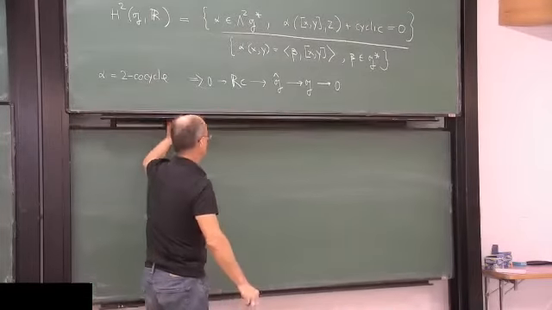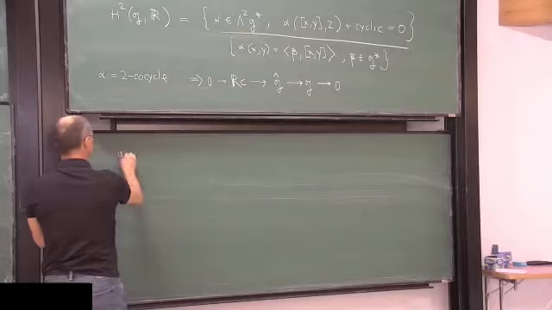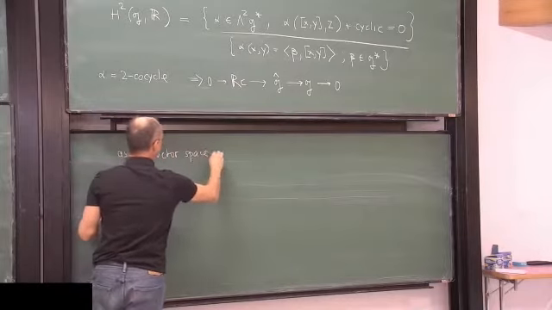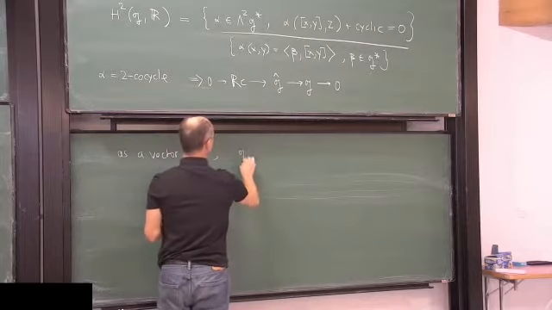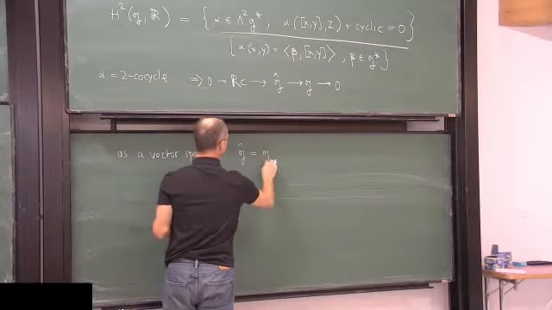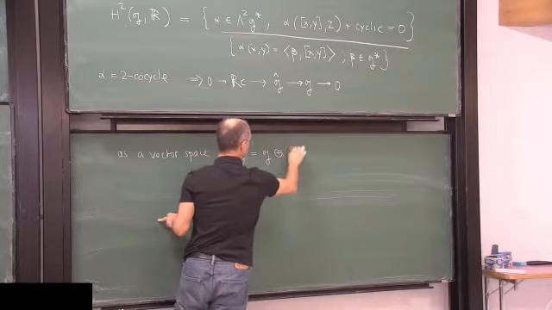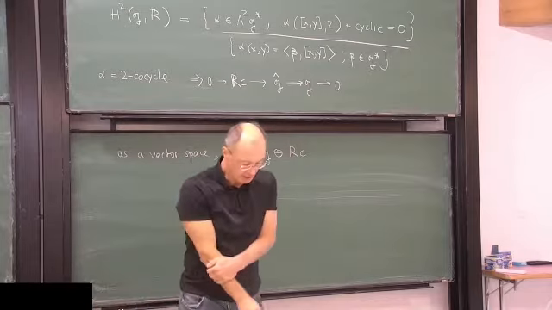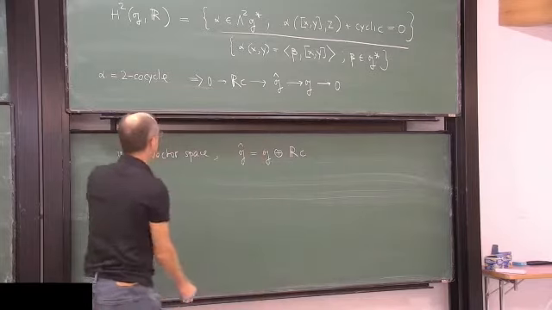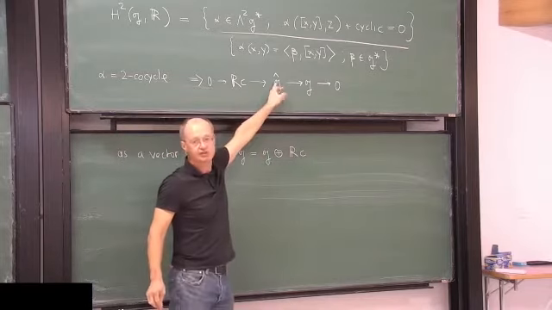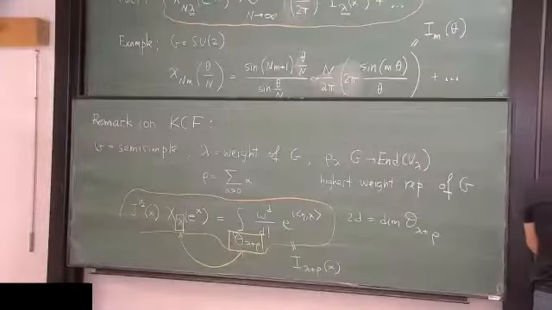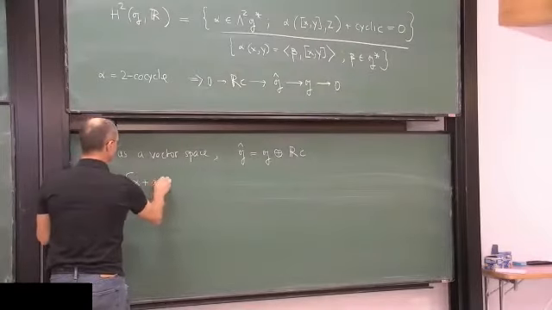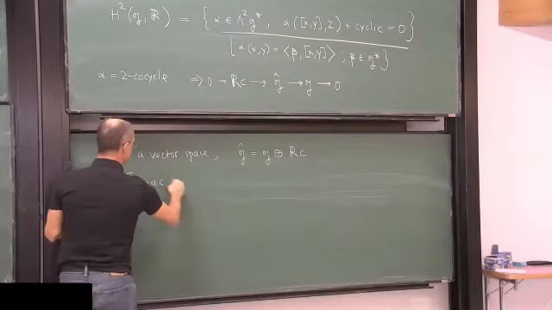In fact, as a vector space, this sequence always splits. So g hat is simply a direct sum of g and that line RC. So what I need to do is just tell you what is the Lie bracket of g hat, and I write it on a pair of elements.